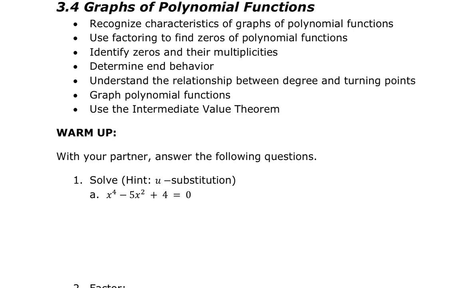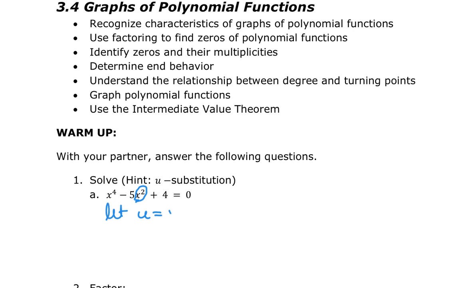So if we're asked to factor, one of the most important things you'll ever get out of factoring polynomials is a U substitution type of situation. So we're going to say let U equal... If it looks like a quadratic, this is what we call reducible to quadratic. It has three terms, and if I take the variable in the middle and square it and I get the variable in the first term, then it's probably reducible to quadratic.